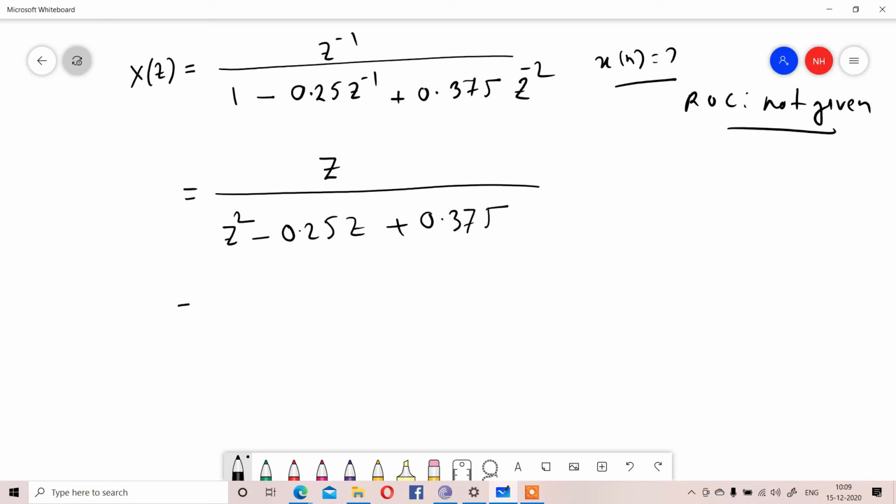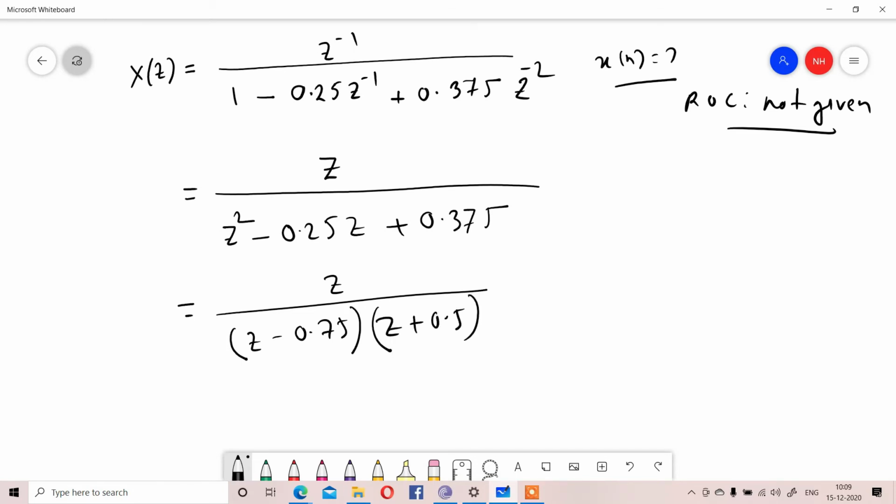And if we calculate the poles, it will be z minus 0.75 and z plus 0.5. So poles are P1 equal to 0.75 and P2 equal to minus 0.5. These are two poles.